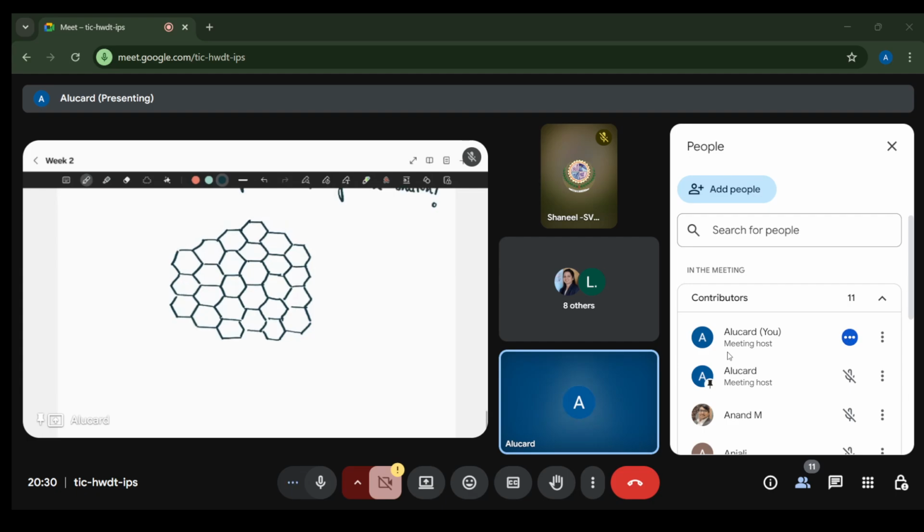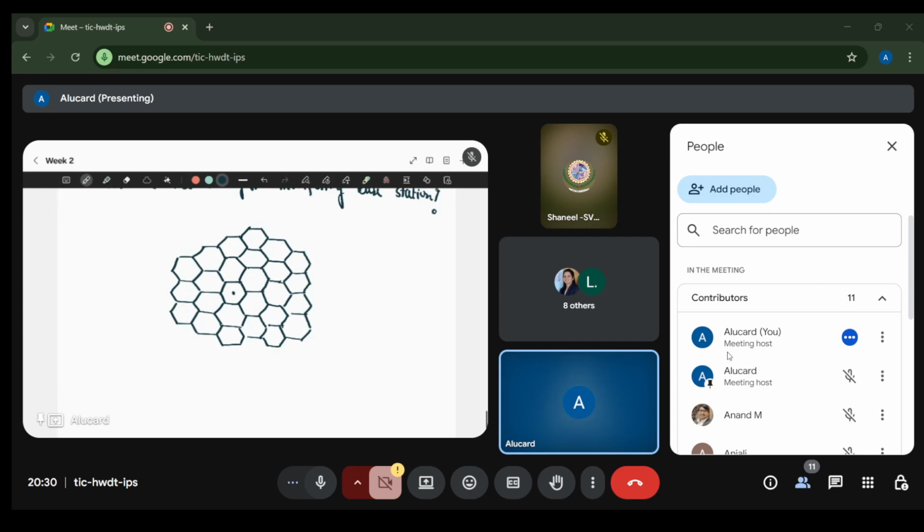Okay, now you start at some point. There are different ways: you can choose any four adjacent cells, and that will be a cluster of four. Only thing is the orientation will be a bit different. You can choose something like this, and that's valid.